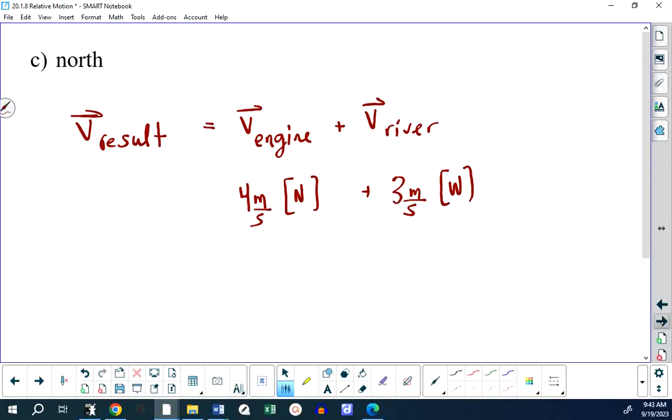Yes. Okay. So how do we add these? They're not in the same direction. You don't just add them. Don't just add the numbers or the magnitudes. They're not in opposite directions, so you can't simply subtract those magnitudes. They're at right angles, so we can go ahead and create a right angle triangle, drawing west first and then north.